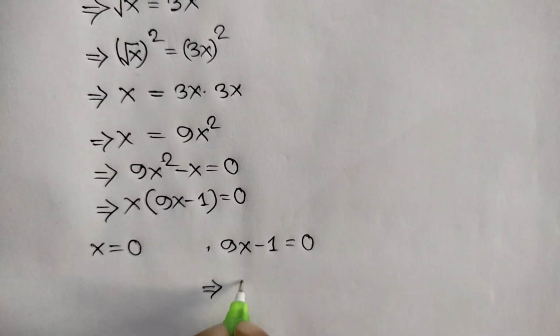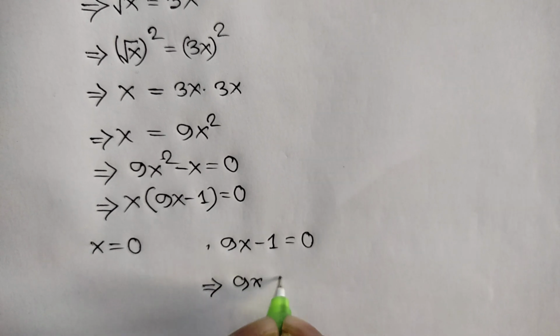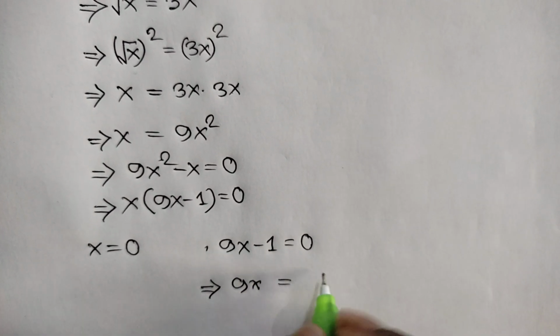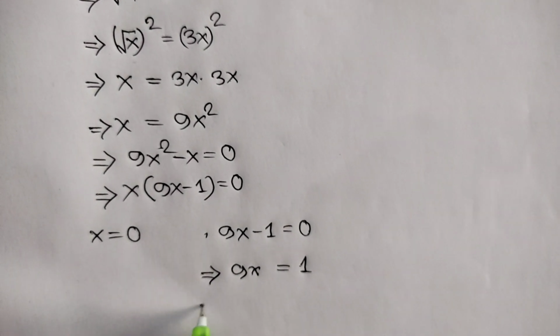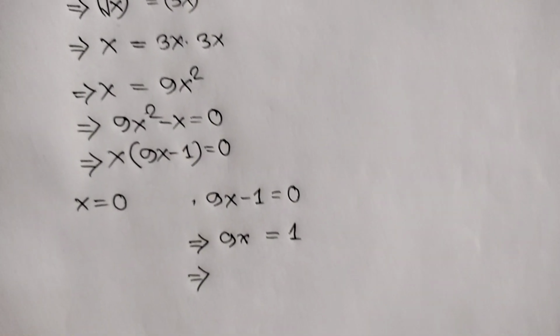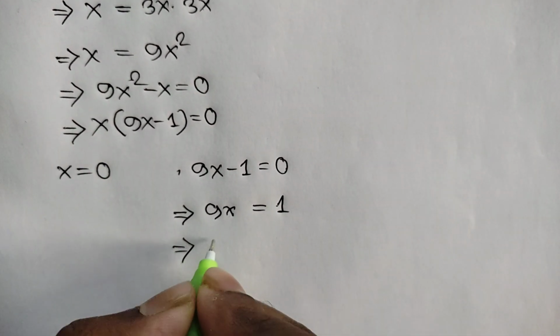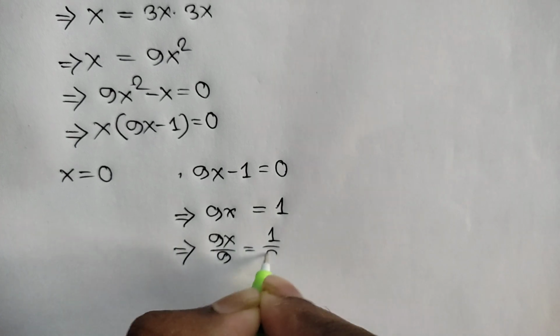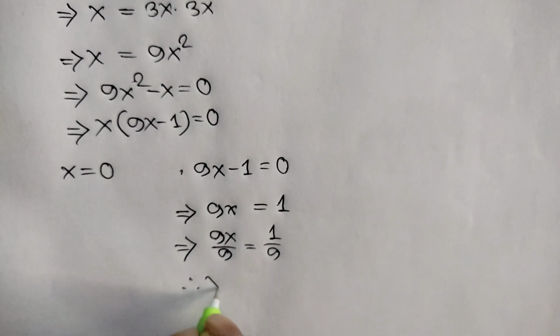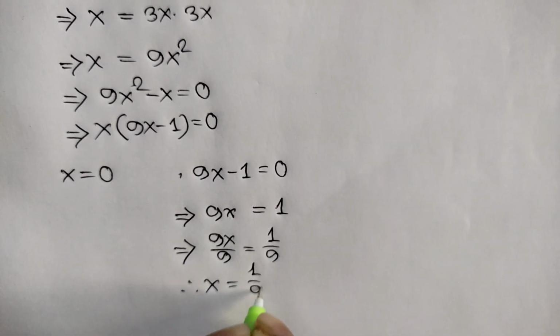So 9x is equal to negative 1, taking to the right side we will get positive 1, and dividing by 9 on both sides, we will get 9x over 9 is equal to 1 over 9. So the value of x is 1 over 9.